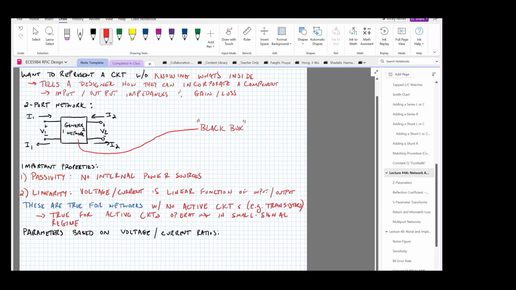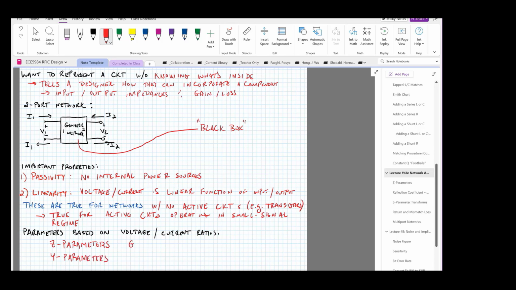Okay, now you might have in prior classes seen other types of network parameters that can represent a black box. If you've taken my analog circuits course, you've certainly seen some of these. We know that there are things called Z parameters. This is where we're representing the two-port network or the black box in terms of voltage to current ratios: at the input, at the output, and across the input to the output. We have Y parameters, which are just the inverse of Z parameters.